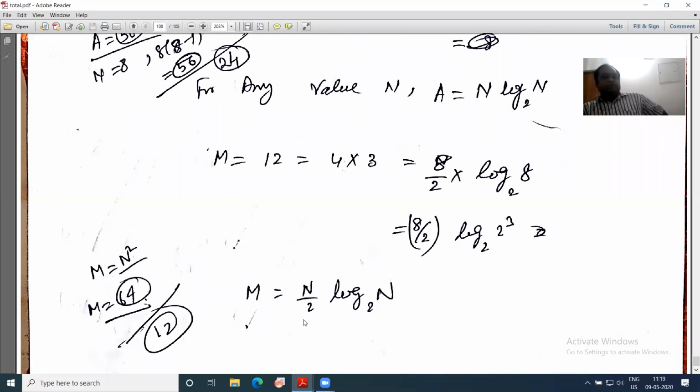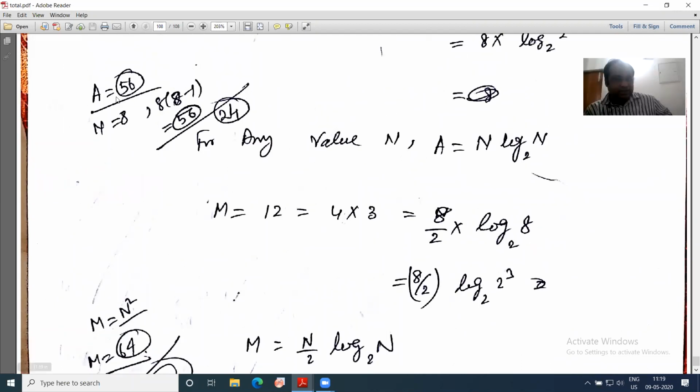So what I am concluding: in the DIT FFT algorithm, the multiplications, which in direct computation were 64, now become 12. Additions corresponding to direct computation were 56, now they become 24.